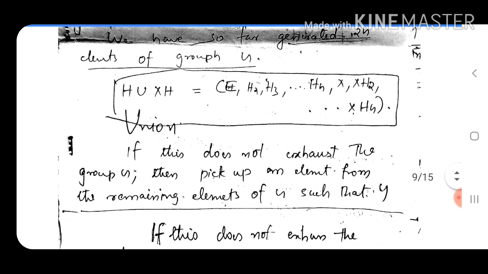Now if this does not exhaust the group, that means group G still contains some more elements.